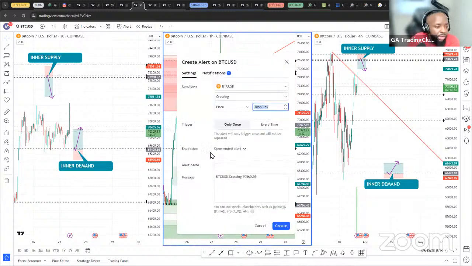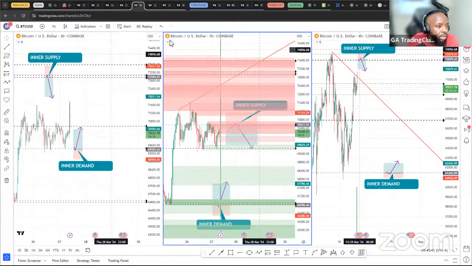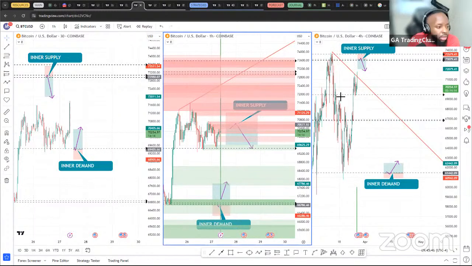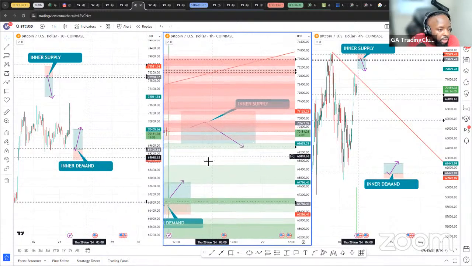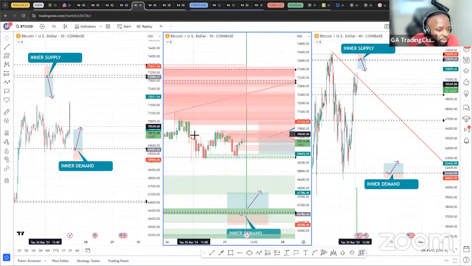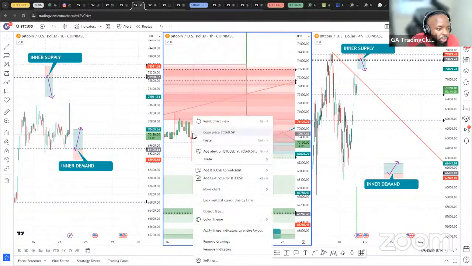Yeah, because that dipped pretty quick. So I'll create an alert. I think it keeps getting triggered because of slippage. Put it here.